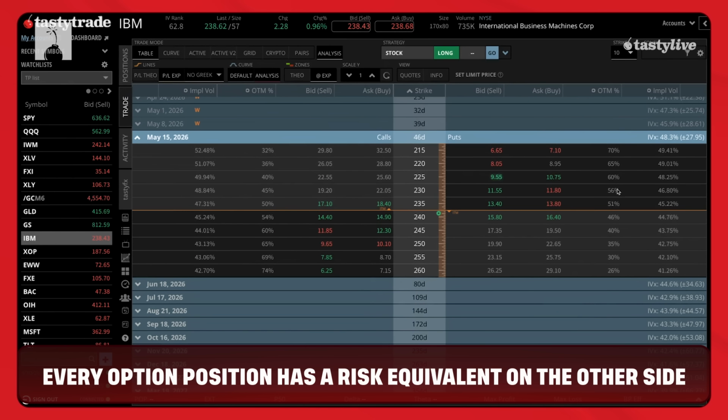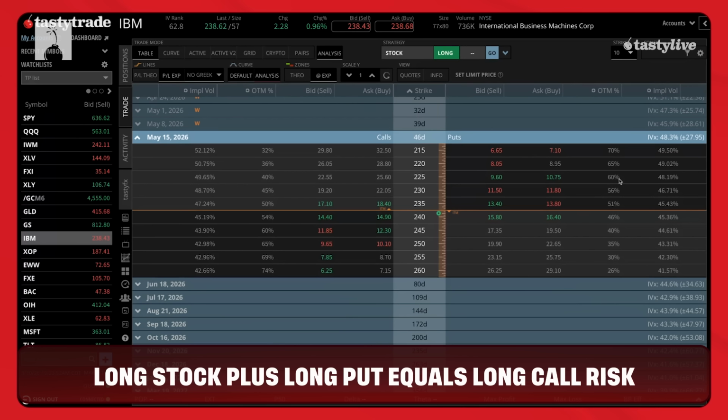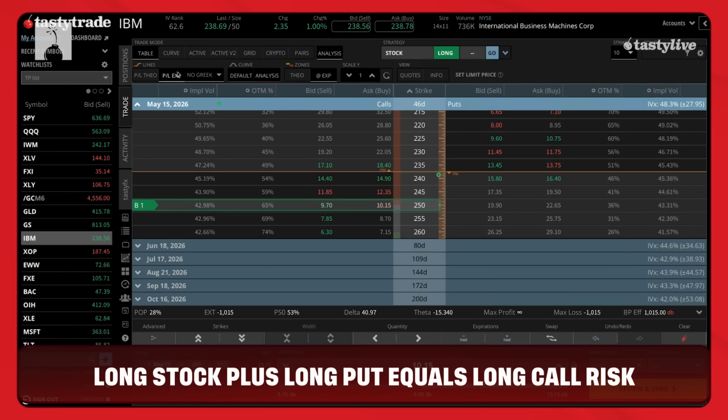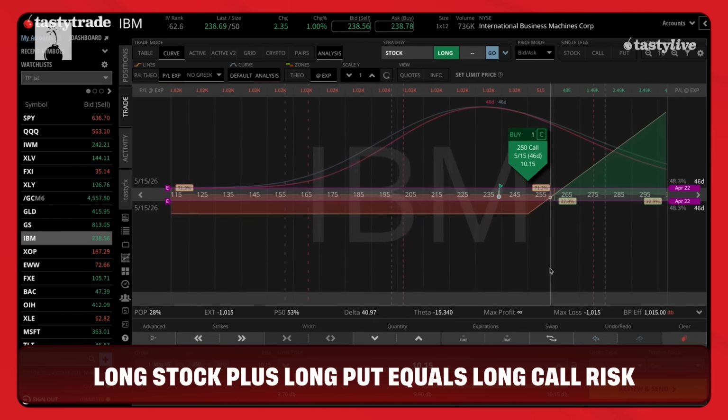Let's just use IBM as an example. Let's buy a 250 call, okay, and see what that looks like. Buy a 250 call, and I'm going to go to the curve and in the analysis section, see if I can maneuver this around a little bit.